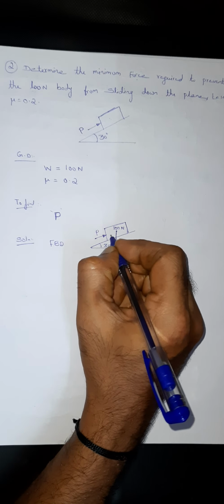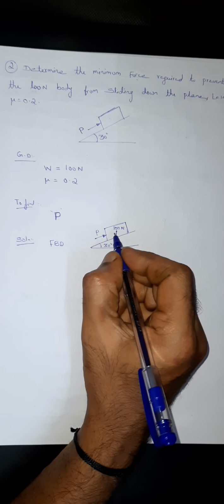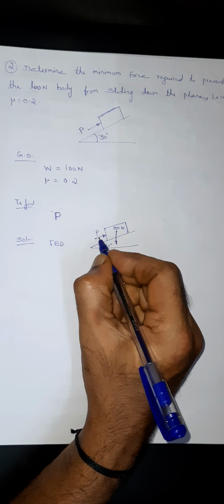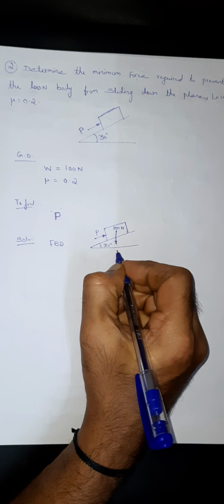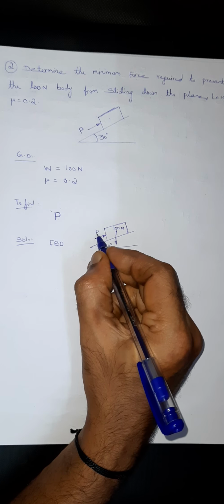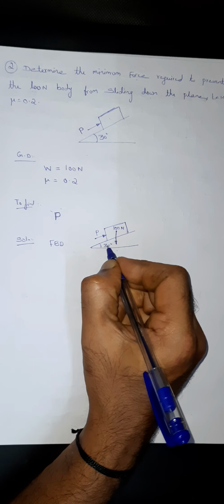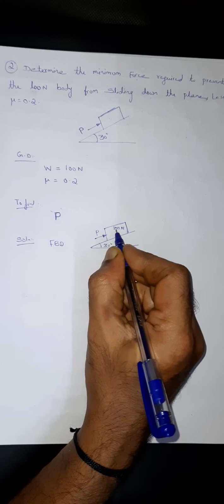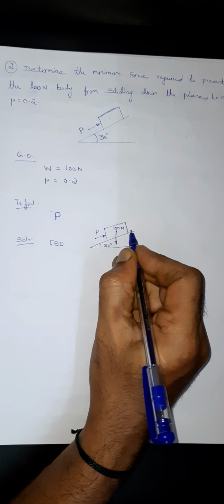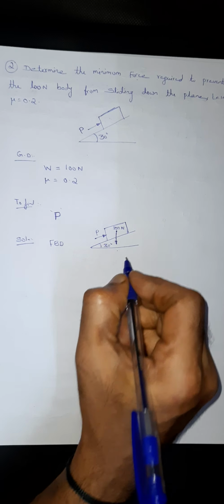I am going to redraw the FBD for better understanding. Instead of making the reaction, friction force and the minimum force required at an incline of 30 degree, I am going to consider this weight with 30 degree, and everything else at horizontal, that is at 0 degree. Right.